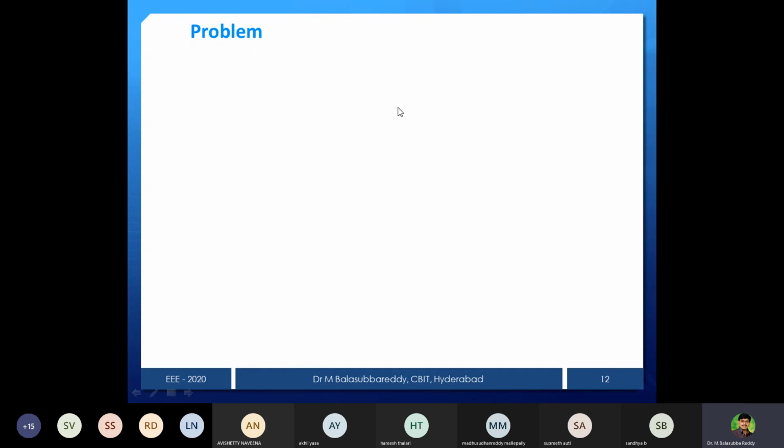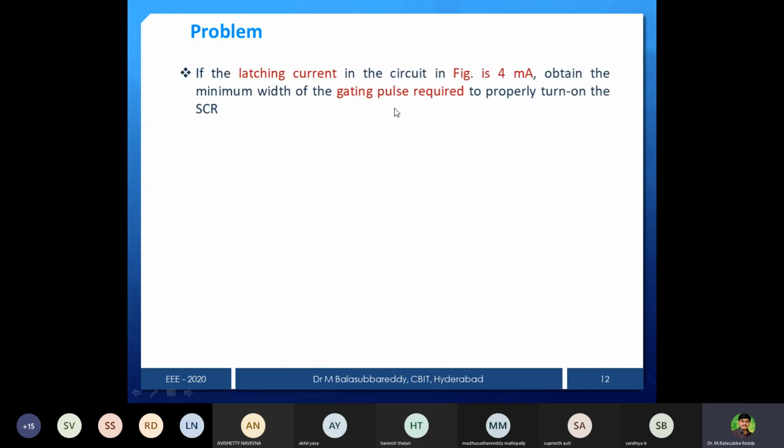In the previous class we observed the VI characteristics of the SCR. Now we'll see some small logical problems: whether the device is turned on or not, what the pulse width is, all based on the latching current and holding current. As I mentioned, latching current is the minimum anode current required to maintain the device in the on state.